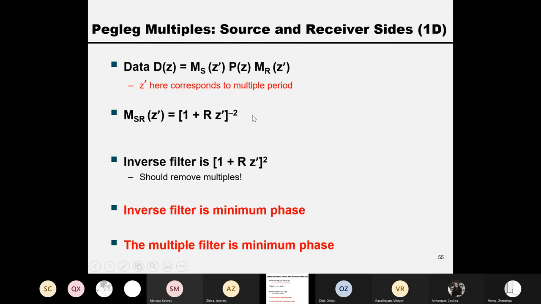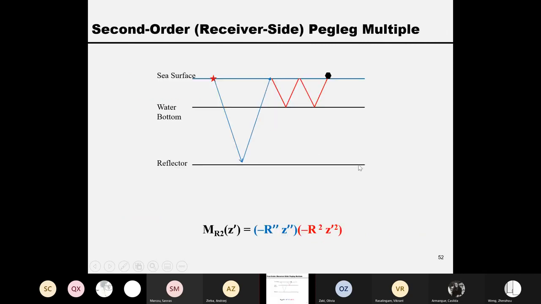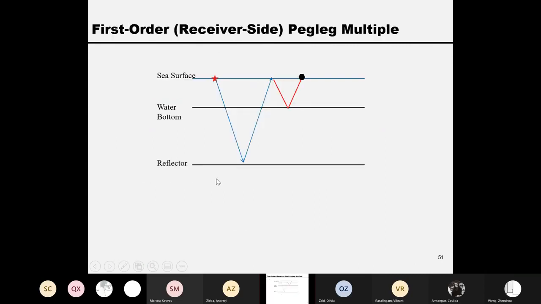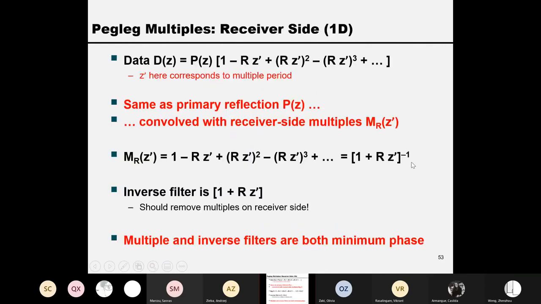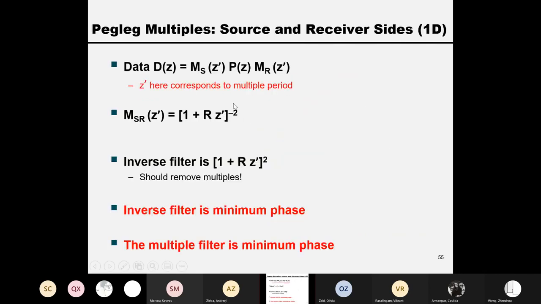If we go back to see the previous slides, for the source side it is 1 over 1 plus rz prime, right? Receiver side, now we have both source side and receiver side, so the effect will double. It means you have squared here, right? So for both source side and receiver side, the Pegleg multiples are 1 over 1 plus rz prime squared.